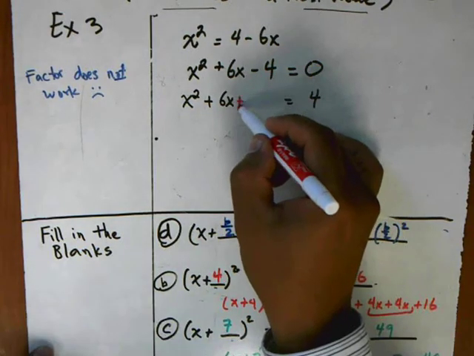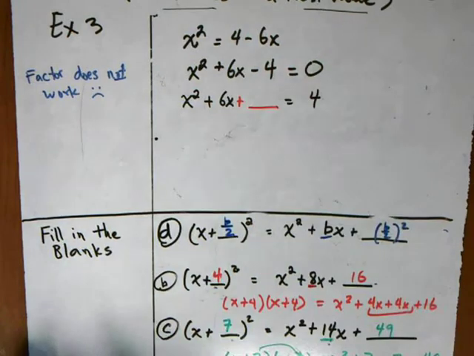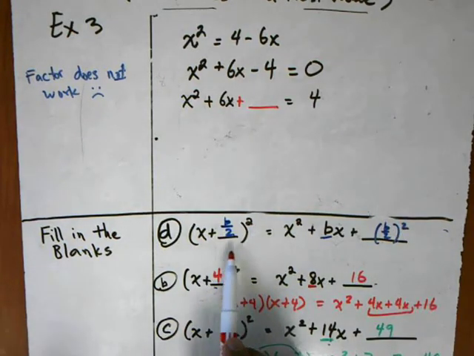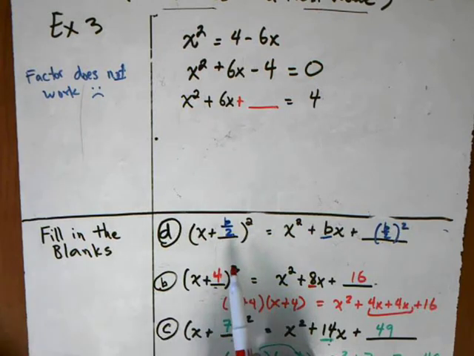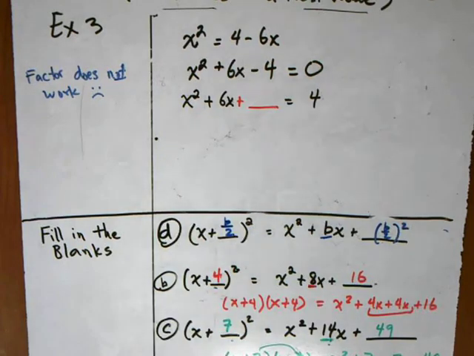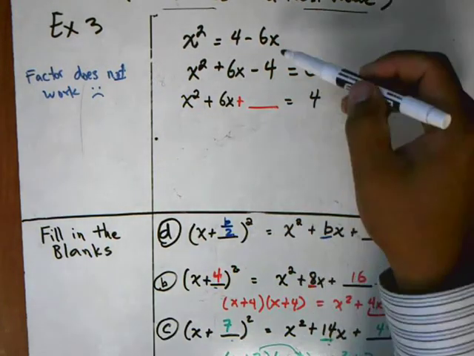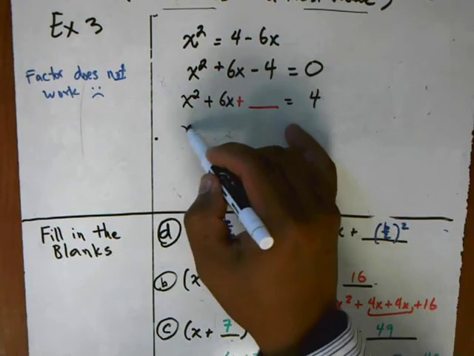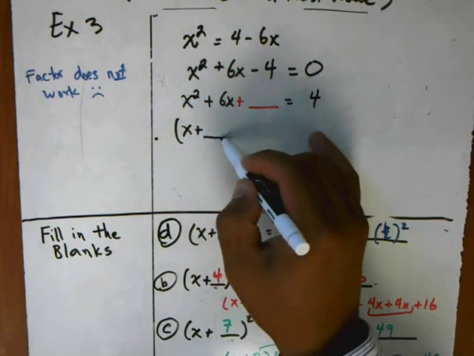I need to add something in here on the left side that will allow me to turn it into a perfect square, into a problem where I can extract the square root. So this is step 1, step 2, step 3. In step 4, I want to be able to get this type of expression.